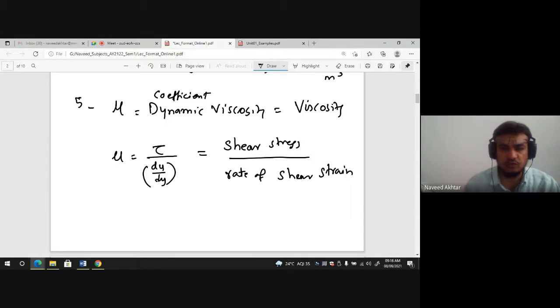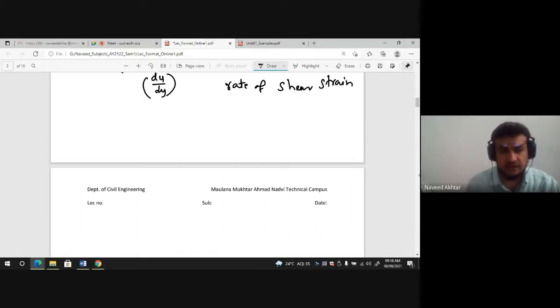The change in volume to original volume is nothing but the rate of shear strain. The unit of this is measured in poise. The unit of this is Newton second per meter square.